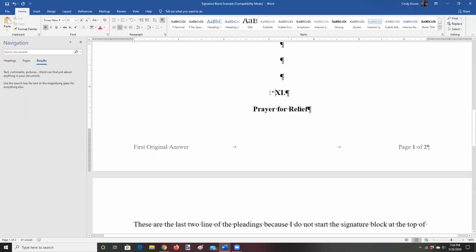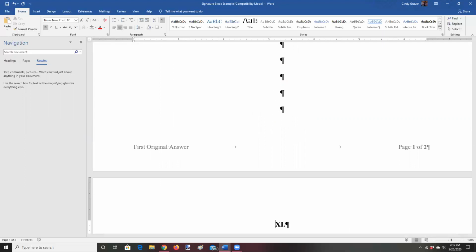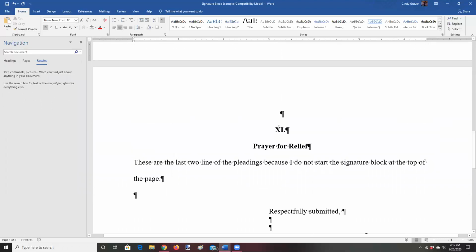Now there's 2 ways you can fix it. One way you can fix it is just to hit enter twice and get it all lined up. That's not a terrible way of doing it, but it's not the best way of doing it. For one thing, if you end up making a slight adjustment, let's say we end up adding another line up here. Well, now you have this section not at the top of the page.